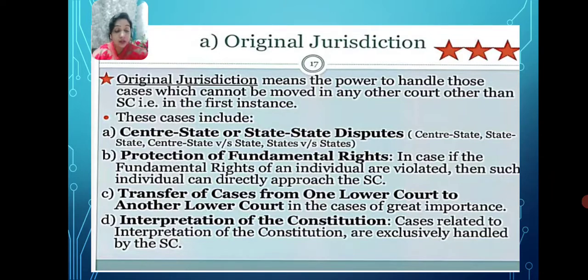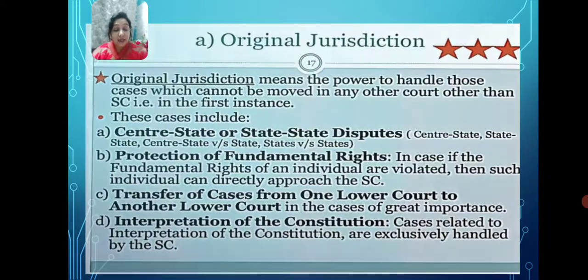All the cases where a much more detailed explanation and clarification is required related to the matters, amendments, rules, policies, articles of the Constitution can be directly filed to the Supreme Court. The Supreme Court has the power of exclusive jurisdiction in regard to questions of the constitutional validity of central laws. So that is what you mean by the interpretation of the Constitution.